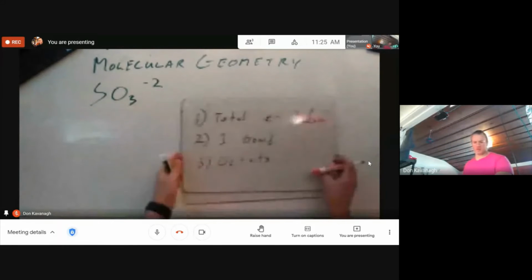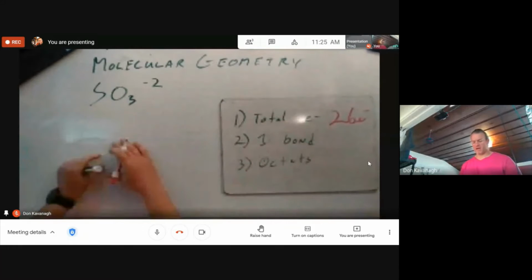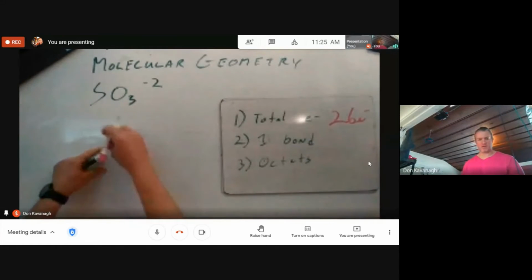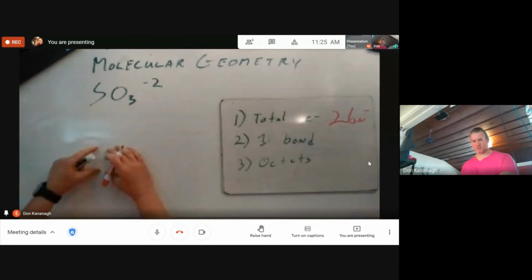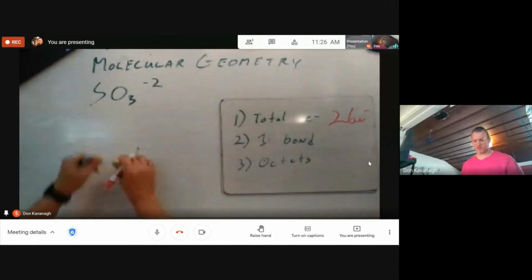We'll start with sulfur in the center. In Gen Chem, a lot of simple molecules have one atom in the center, and then the other atoms going around it like a compass rose, north, east, south, west. To figure out which atom is in the center, there's 2 hints. The first hint is that it's the first atom written.